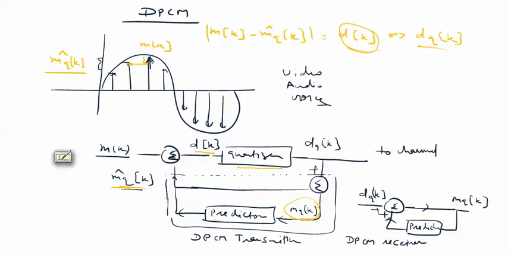This is the complete cycle. We mark everything. This difference is known as DK. After passing through quantization, DQK is transmitted, and at the receiver we receive this component and arrange it in this way.